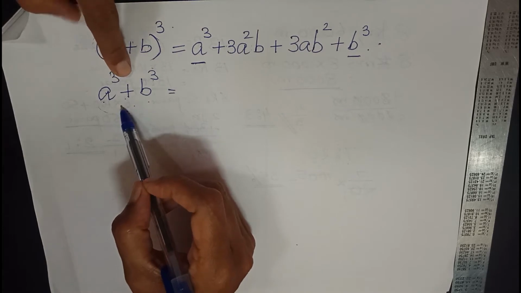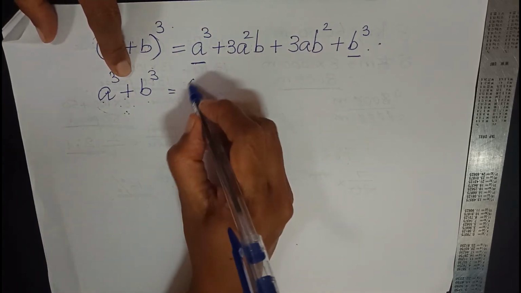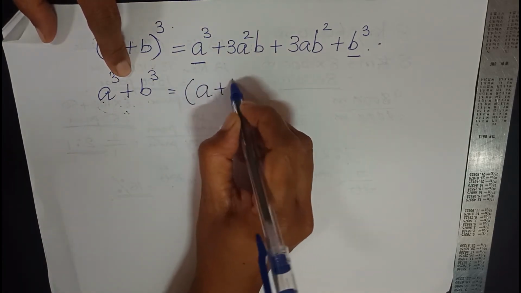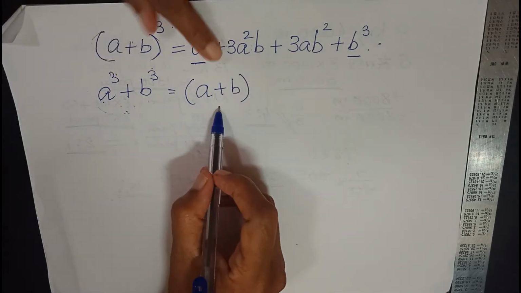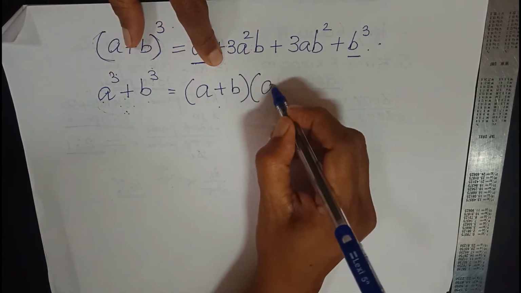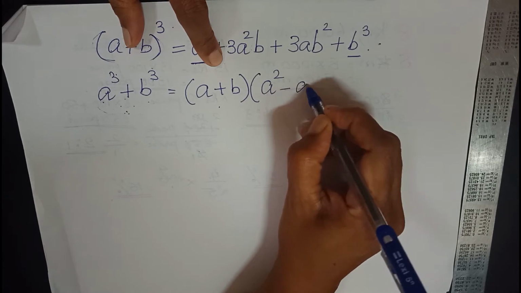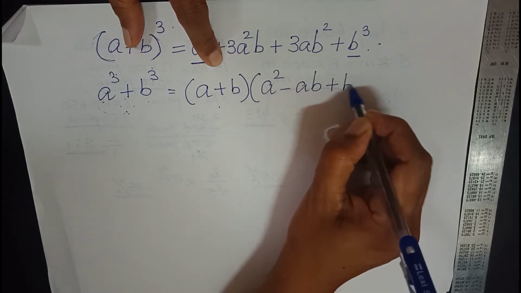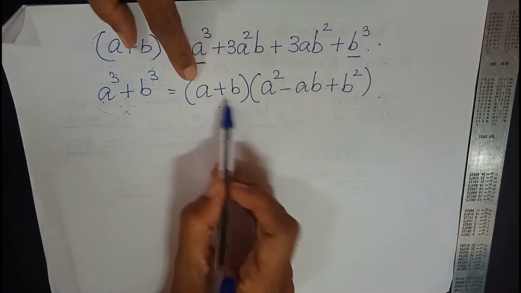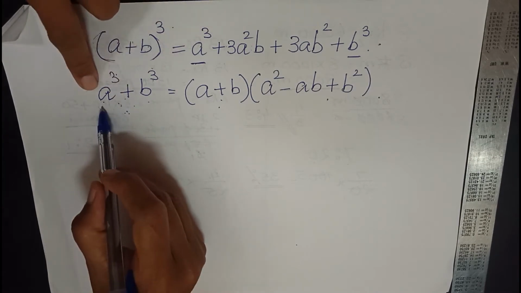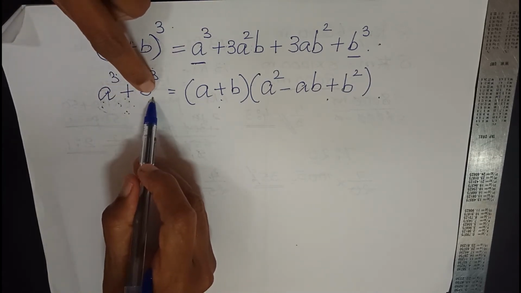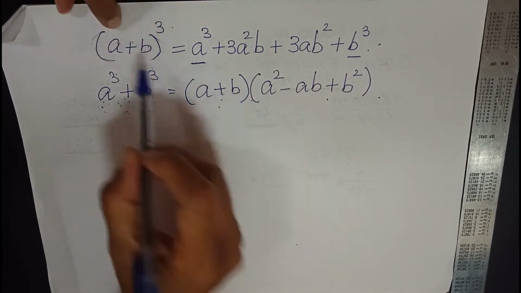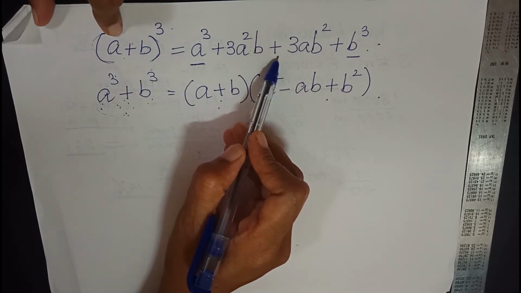So when I factorize this, the formula that I will get is a plus b in one bracket, and in the second bracket, a square minus ab plus b square. So this is the factorization formula for a cube plus b cube. This is a factorization formula, and this is an expansion formula.